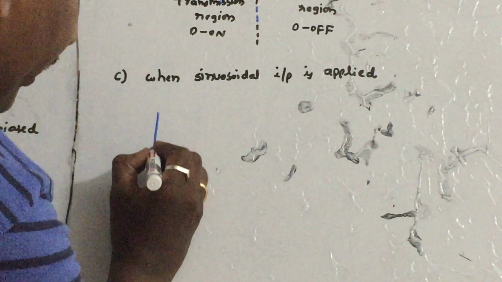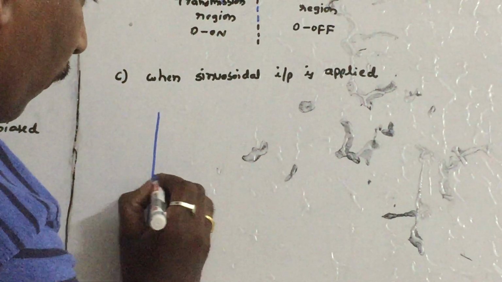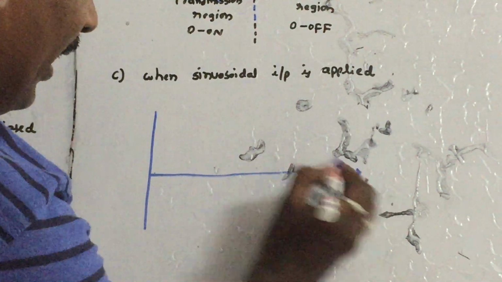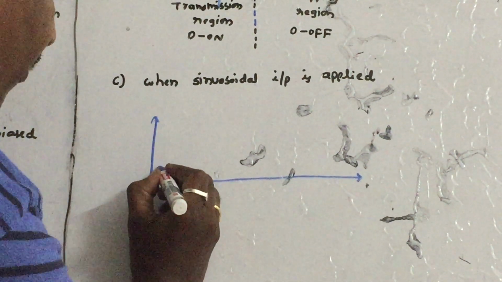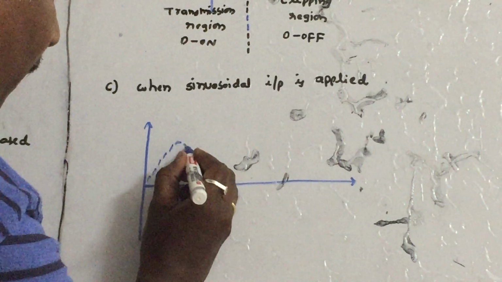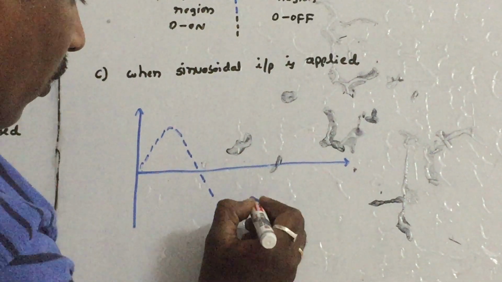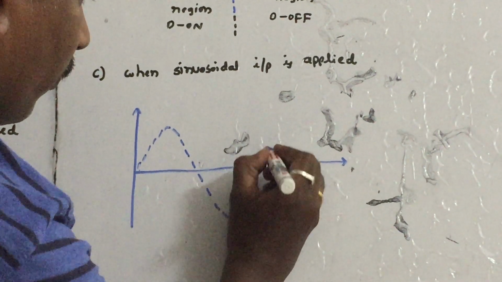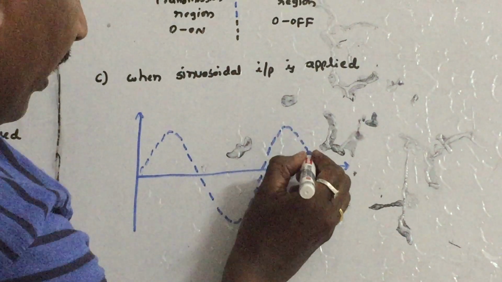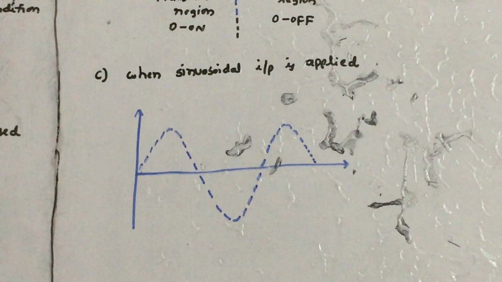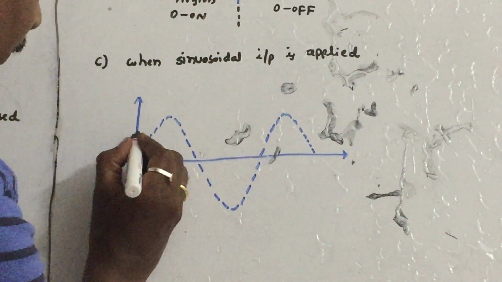That is another important point. First let us take the sine wave. This is the input which we have applied to our circuit, the sine wave. Dotted line, locate VR.